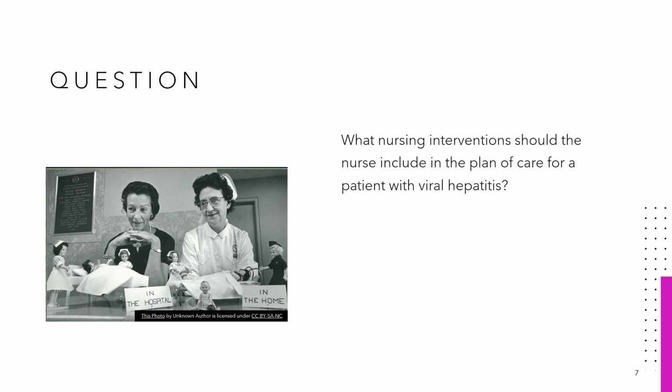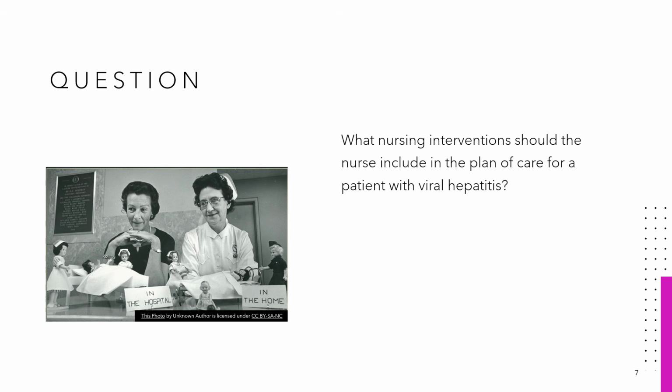Okay, so what nursing intervention should the nurse include in the plan of care for a patient with viral hepatitis? Well, we'd want to promote rest to reduce the metabolic demand on the liver. We're going to give them small, frequent meals. We're going to avoid any type of alcohol or hepatotoxic drugs such as acetaminophen, because you know that's really hard on the liver. That's where it's metabolized.